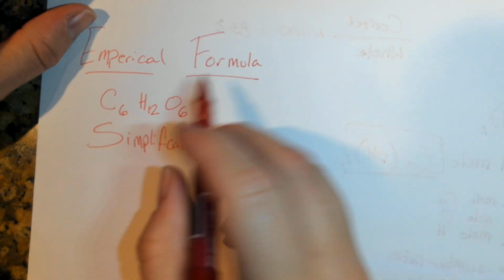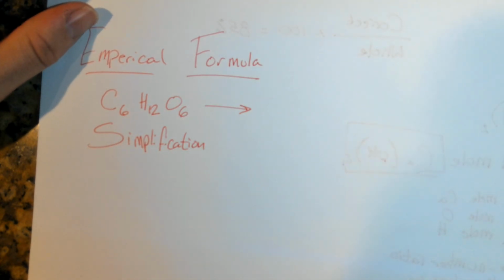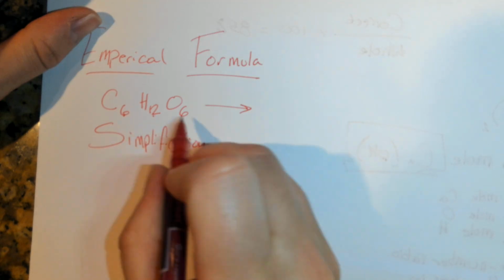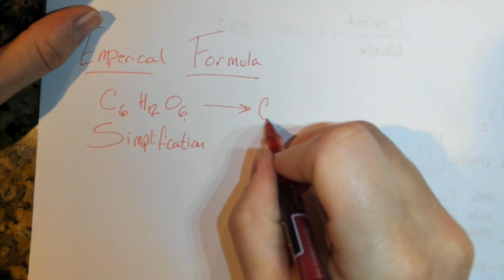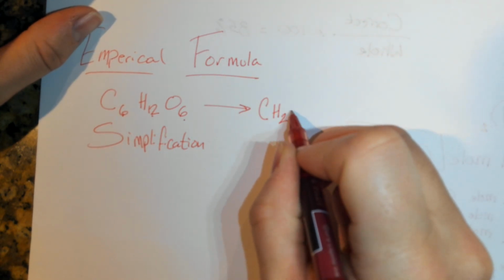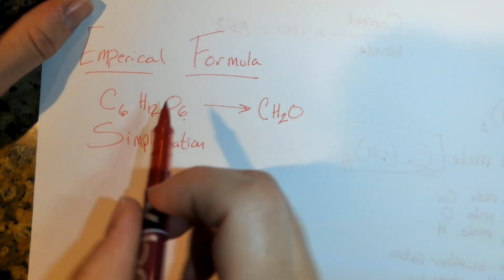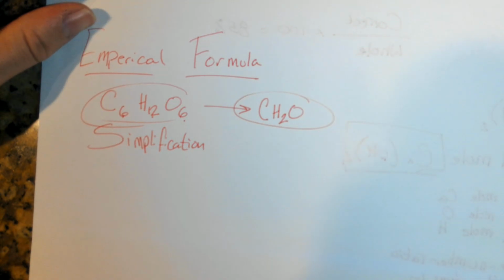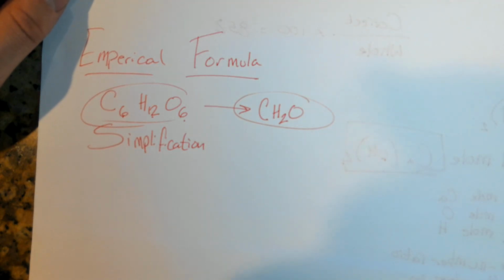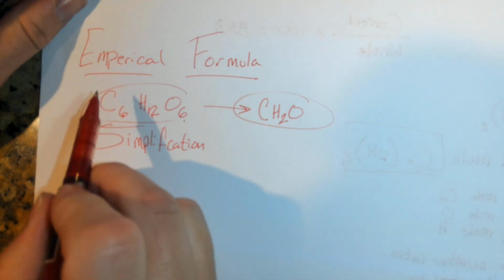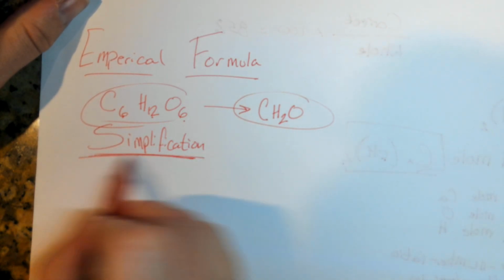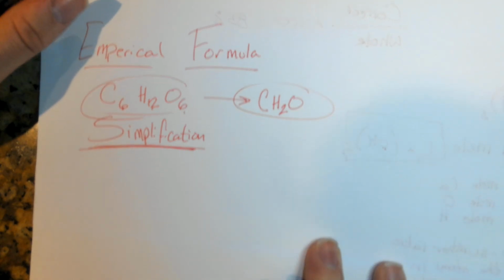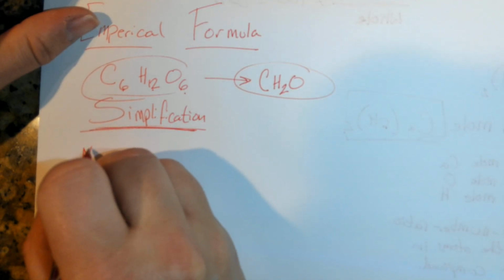So if I were to simplify this, right, I would get 1 to 2 to 1. And that would be CH2O. So this is the chemical formula here, and this is the empirical formula. Great, I wrote that a little bit bigger. Hopefully that's a little easier to see. Okay, so remember the name of the game for empirical formulae is simplification. Now this is as opposed to the molecular formula.